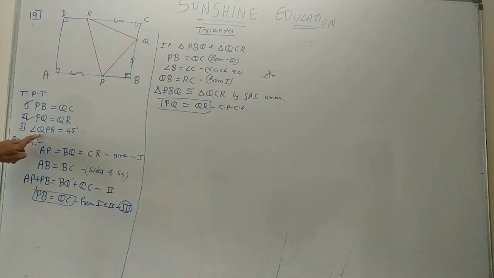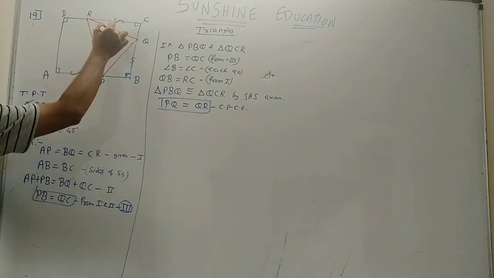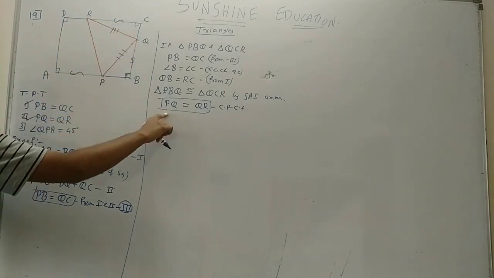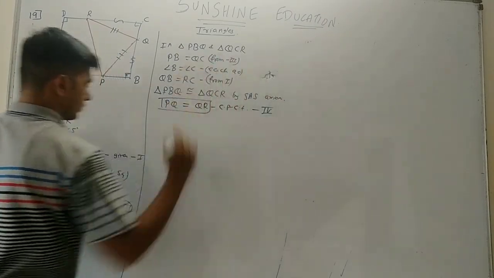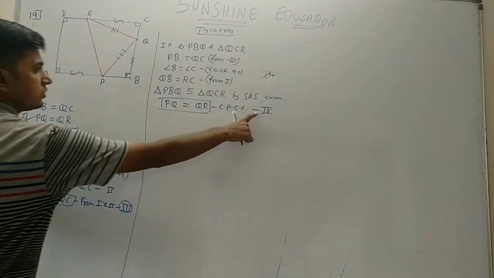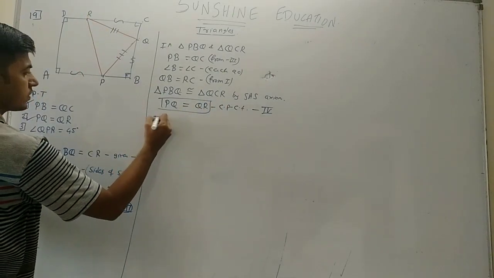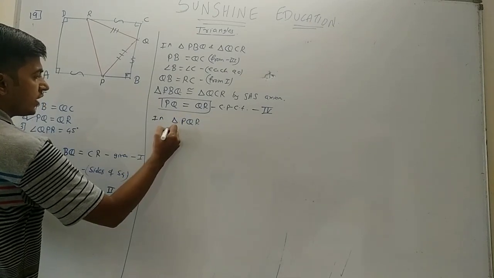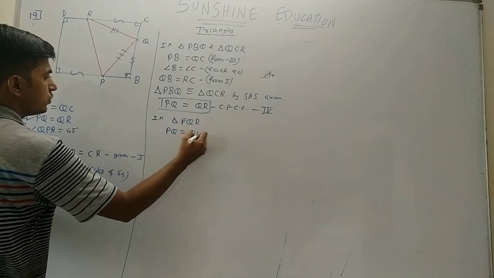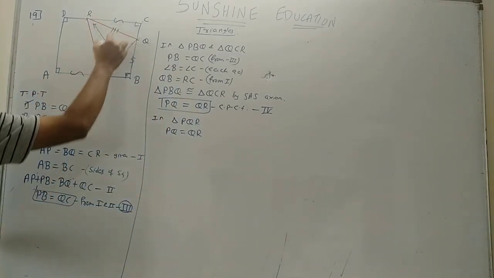Now, in triangle PQR, you can see that this side is equal to this side from this step. I will name this as 4. After 3, this is the fourth one. Now, in triangle PQR, we know that PQ is equal to QR, and if two sides are equal, their opposite angles are also equal.